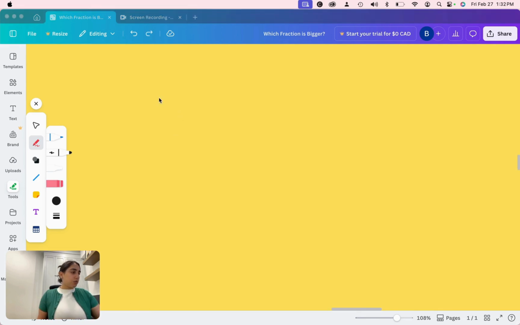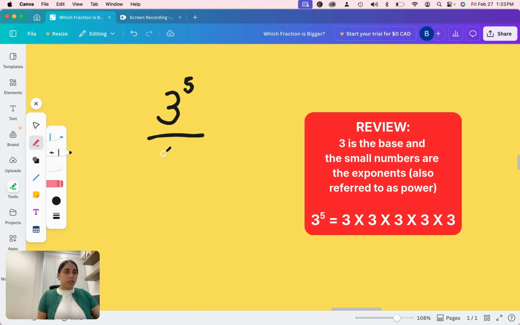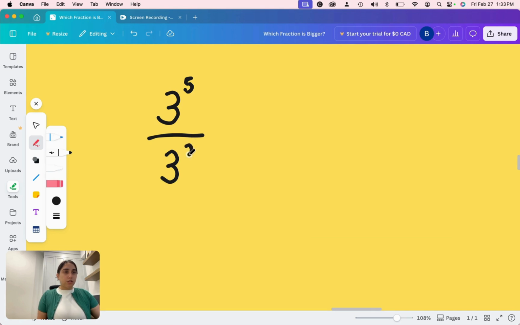I'm going to use some more basic level math to go over this concept. So let's say we have the number 3 to the power of 5 over 3 to the power of 2. And I ask you to simplify this.